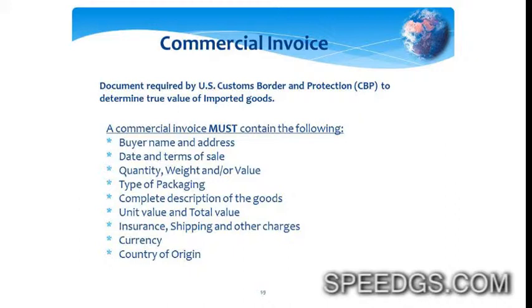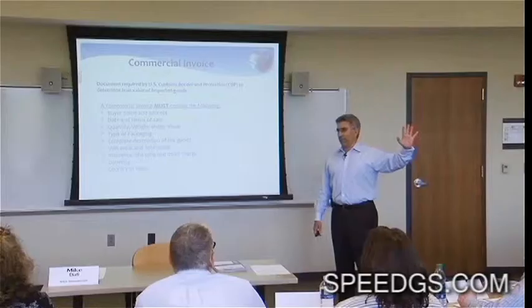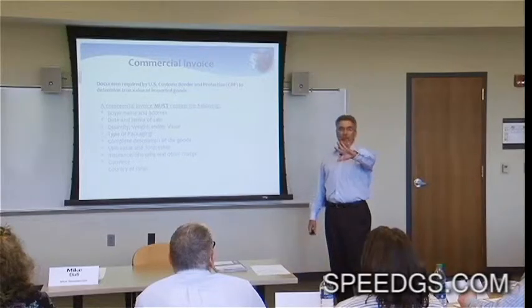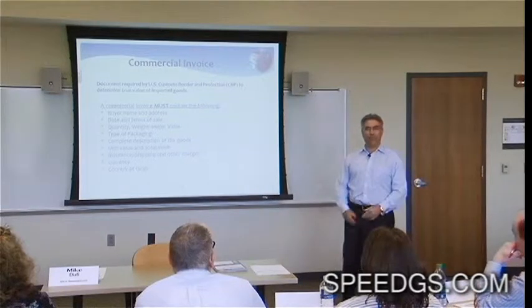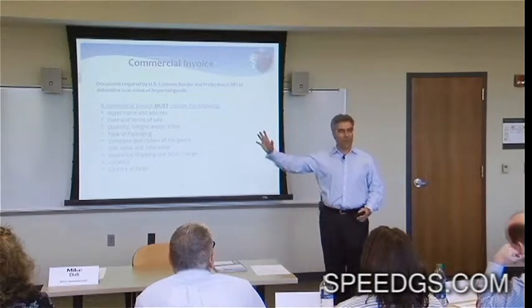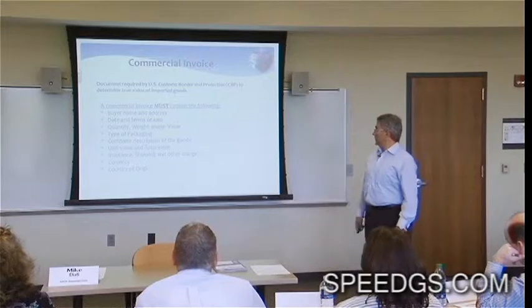Is it a 55-gallon drum? How are you bringing that in? Complete description of the goods, unit value, and total value. I'm bringing in 1,000 widgets at $10 a piece for a total of $10,000.